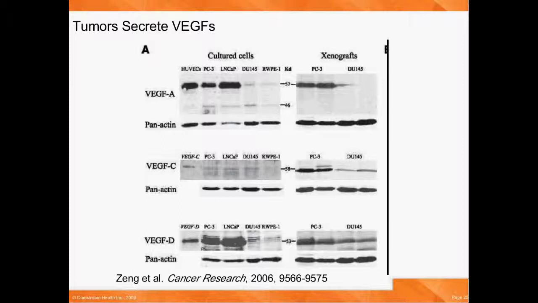They then hypothesized that perhaps VEGF expression and excretion might help cause this metastatic phenotype of the PC3 cells. So they did Western blots in both cultured cells and xenografts for VEGF-A, C, and D. Indeed, PC3 cells overexpressed VEGF-A much more strongly than DU145 cells.